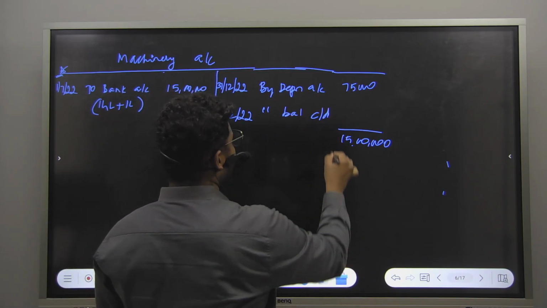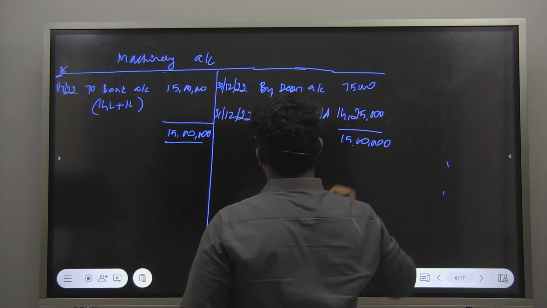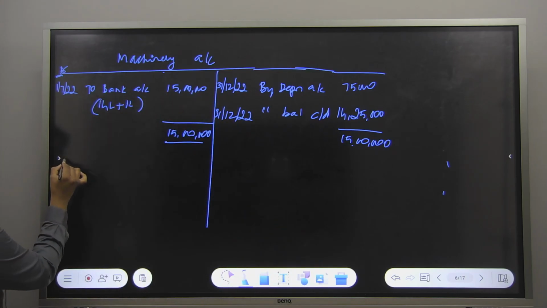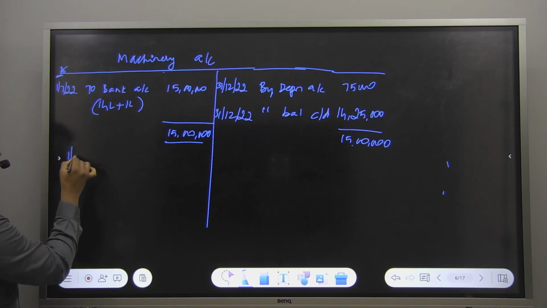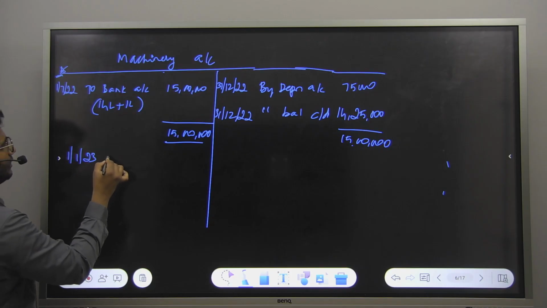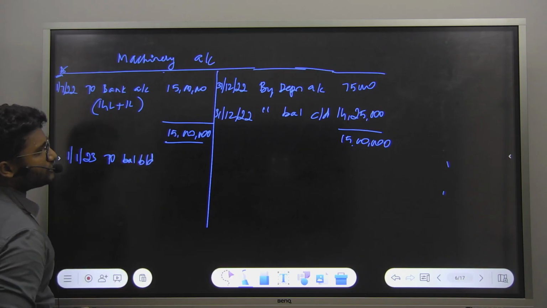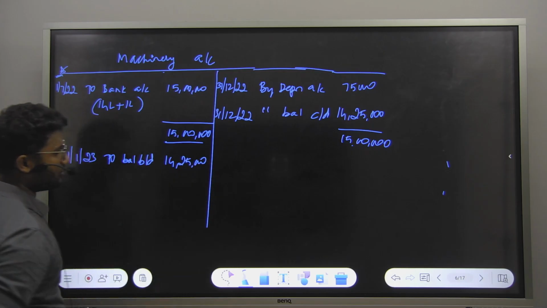How much? 14 lakh 25,000 rupees. So on the next day, opening balance 1/1/2023, to balance brought down 14 lakh 25,000 rupees.